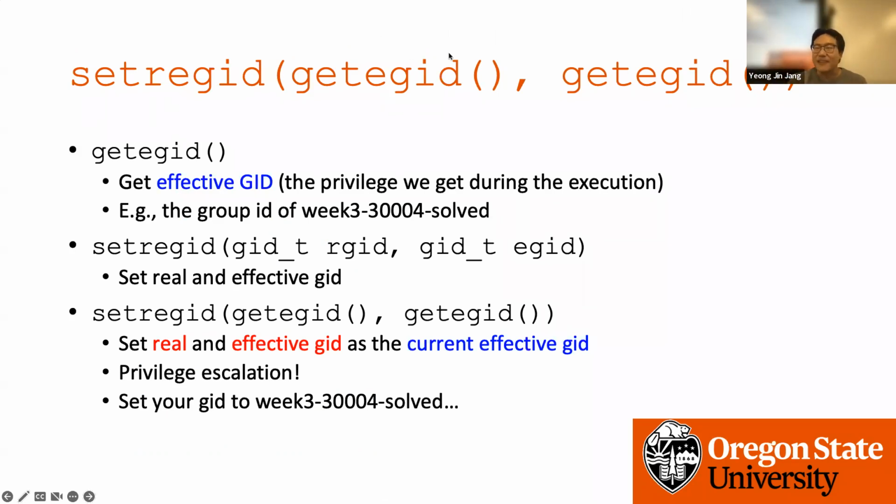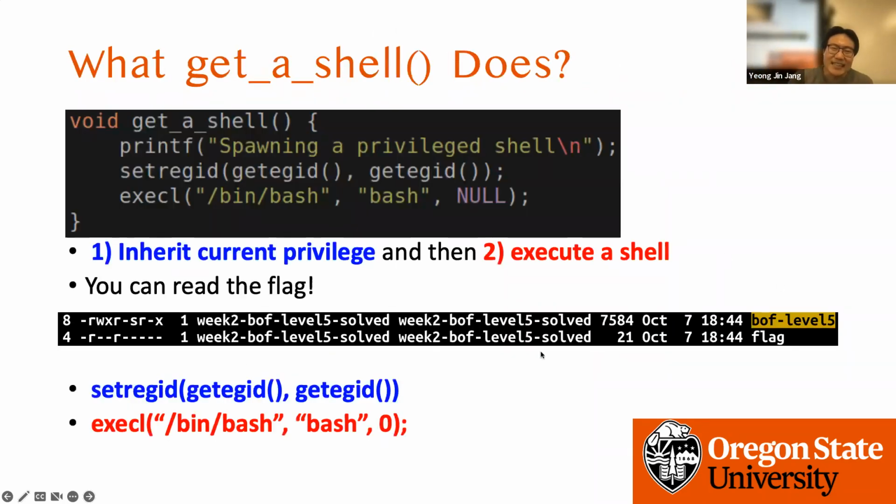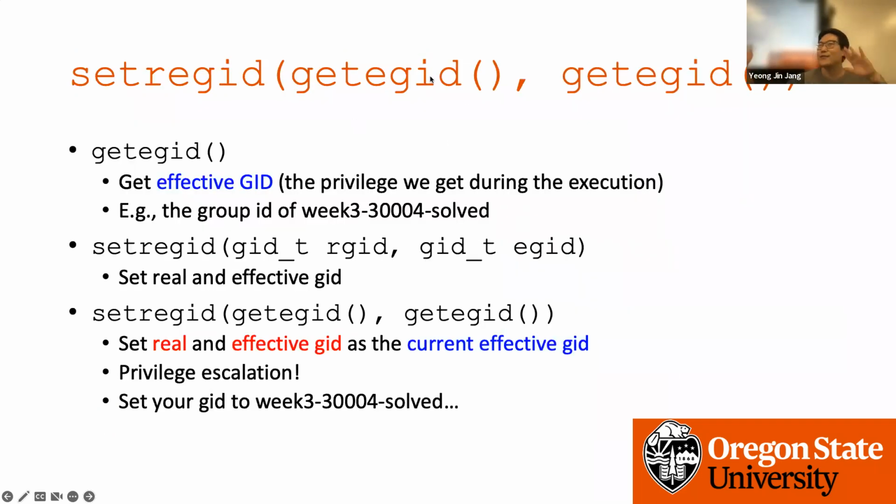What we are doing is setting the real and effective group ID to the effective group ID. The effective group ID means that while we are running this program, our effective group ID will be this one, and we would like to replace our privilege with that. That's the meaning of this function.